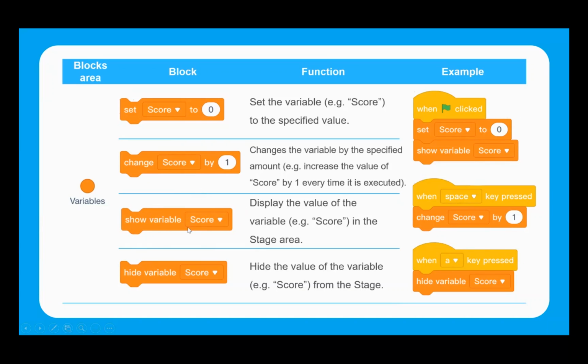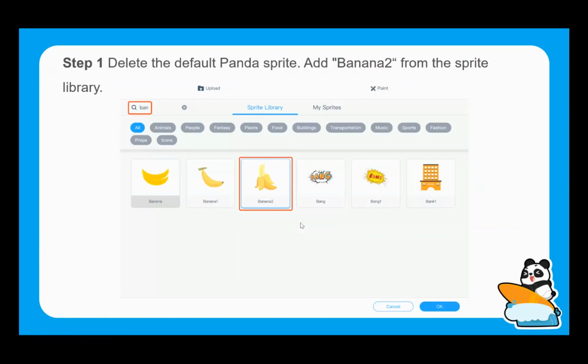So we can have the score in view within the stage area of the screen, or we can hide the view of that variable within the screen as well. Okay, and of course you can combine that with other blocks within your program, depending on what works best for you and what you're creating. But that's what the basic parts of the variable are, what they mean and how we can use them. But we'll start to build this up as part of the code to help you understand it more and more.